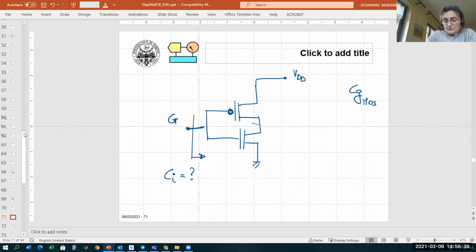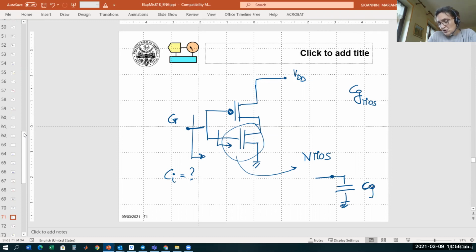Why? Because if we look at the NMOS, as we learned, if we look here in this direction, we see an equivalent capacitance Cg, and this is the equivalent capacitance of the NMOS. But then you have the same for the PMOS. Then you have to add another equivalent capacitance, Cg, for the PMOS.